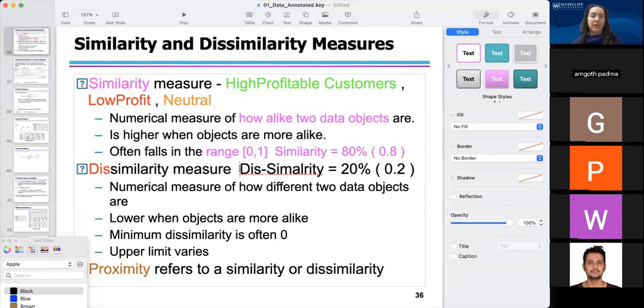So the dissimilarity is the opposite of the similarity. So this will be a value between 0 and 1.